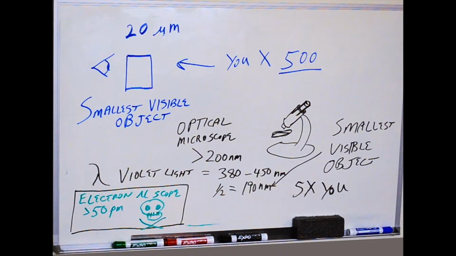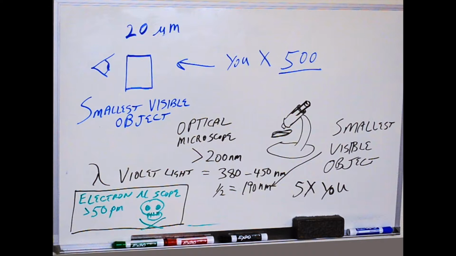The absolute best resolution you can get out of an optical microscope is half of the shortest wavelength. In this case, that's going to be 190 nanometers. You divide 380 by 2. And that's still 5 times bigger than you are. So even with a microscope, you couldn't be seen on this basketball world.